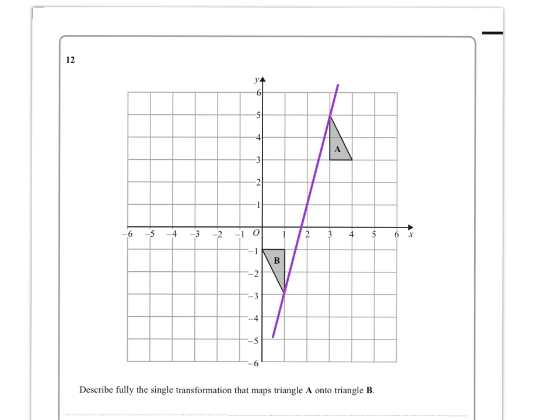Now I'm going to draw one through the corner where there's a right angle. So let's try that one, like so. And then already I can begin to see there's something going on here, but we'll do one more. And then let's have a look what happens when we've done this one.